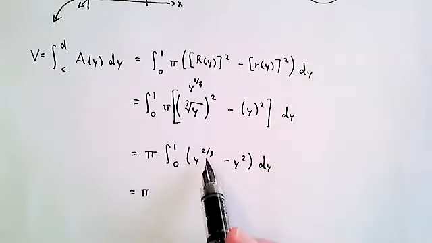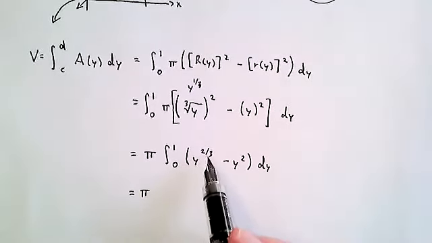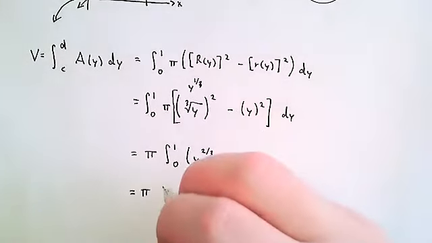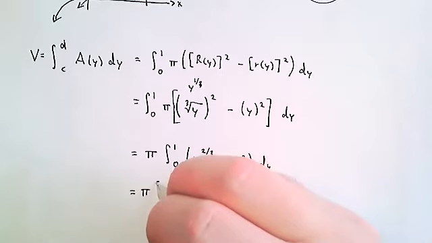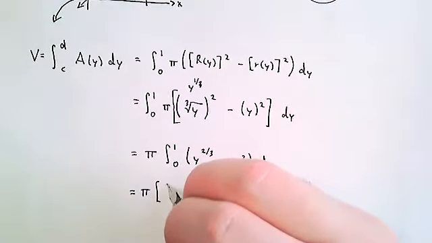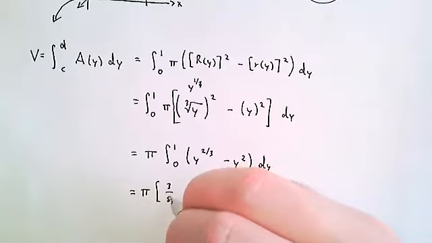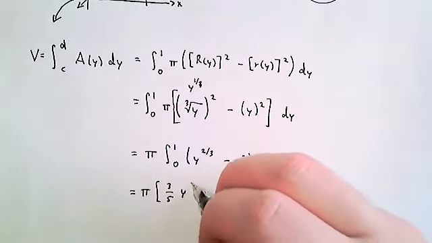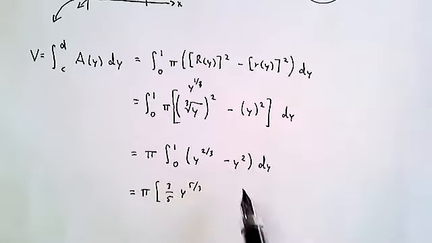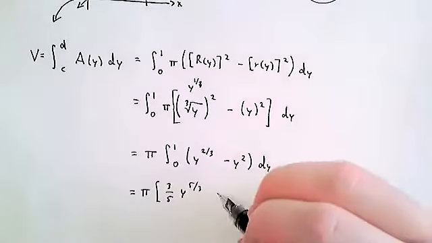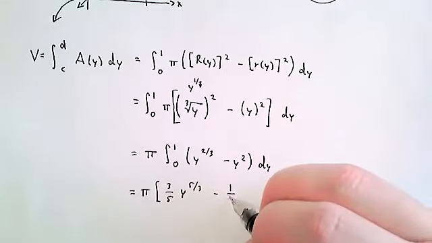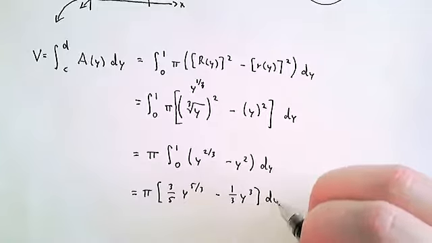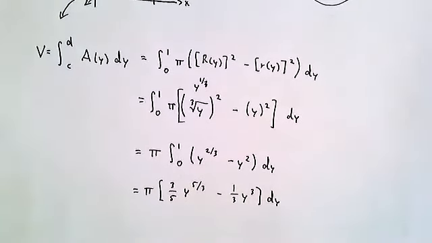So increase the power by 1, divide by the new power. So this becomes 5/3, and we end up dividing by 5/3, or multiplying by 3/5. Excuse me. And then we get a 3 in this one. dy.